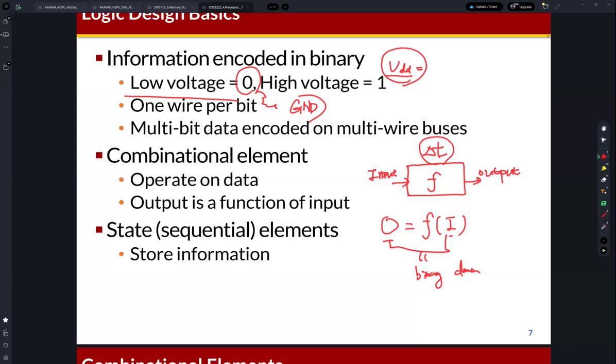I mentioned that you need to understand this. This is the difference between software and hardware. The software does not consider time actually.